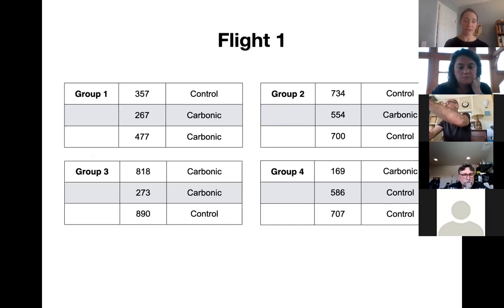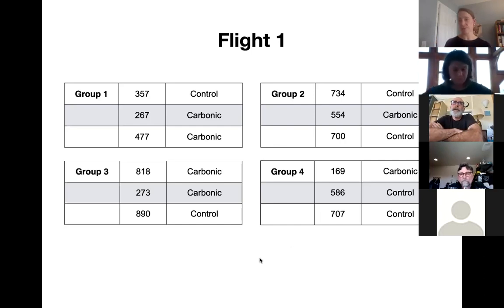If you're in group 3, wine 818 was carbonic, wine 273 was carbonic, and wine 890 was control. If you're in group 4, wine 169 was carbonic, wine 586 was control, and wine 707 was control. I'll put that back up before we discuss the sensory.